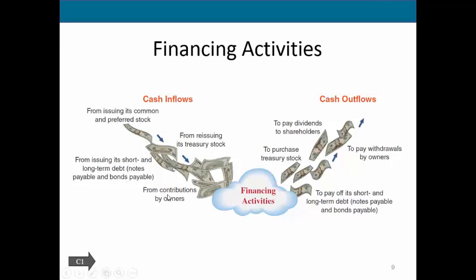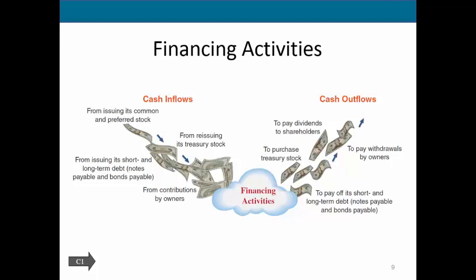Contributions by our owners. So we already have stockholders or owners in a company, and they're making additional contributions. Those are all financing activities. If we reissue treasury stock, the reissuing of treasury stock is again a financing activity because we had purchased this stock out of the stock market, we held it in our treasury, and then when we sell it again, we're selling it back out onto the market and we're getting cash for that.